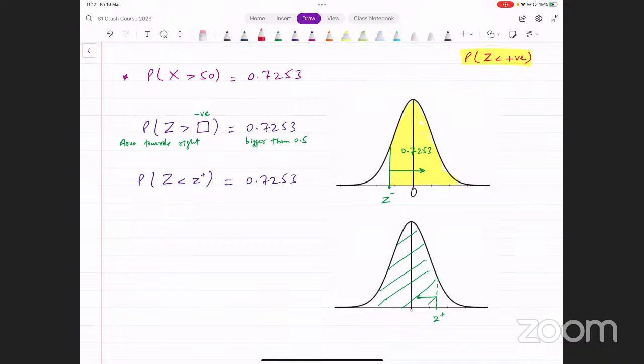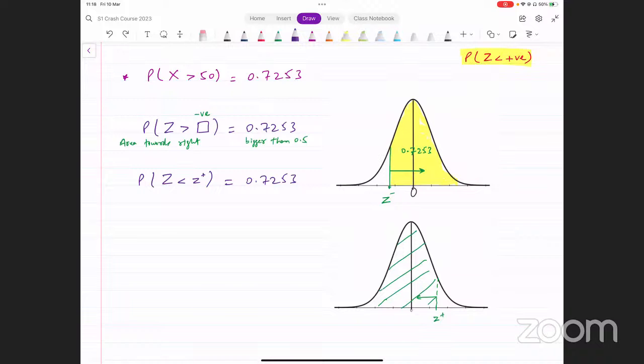So for instance, if the value of z here was minus 1.4, and the area to the right of that was 0.7253, just as an example, then the area to the left of plus 1.4 would also be 0.7253. So that's what we're saying. If we consider the same magnitude of z on the positive side, the area to the left of that would be the same. All right. Now, this is the standard form, z less than a positive number.